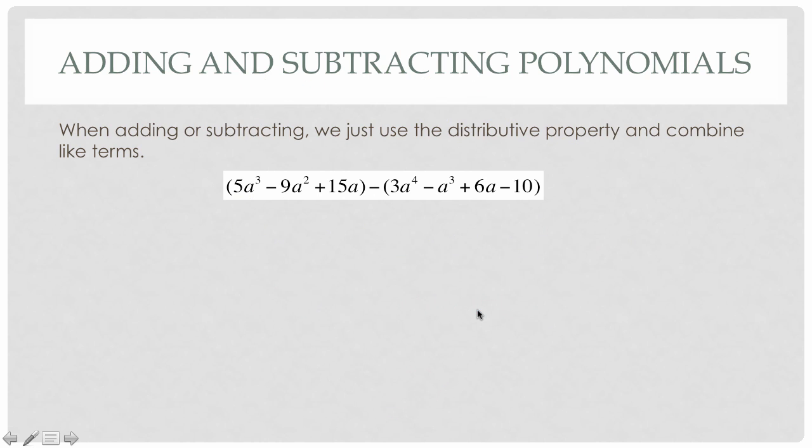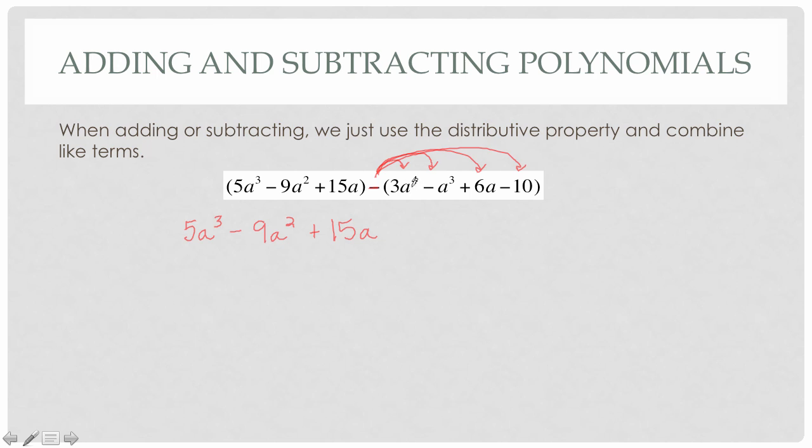Subtracting is really similar, except I have to be just a little bit careful with the negative sign right here. This negative sign distributes, and I'm subtracting everything inside the parentheses. If you remember what that negative sign means, the opposite, we do the opposite. So let's see. We've still got 5a to the 3rd minus 9a squared plus 15a, but now here's where it gets different from addition.